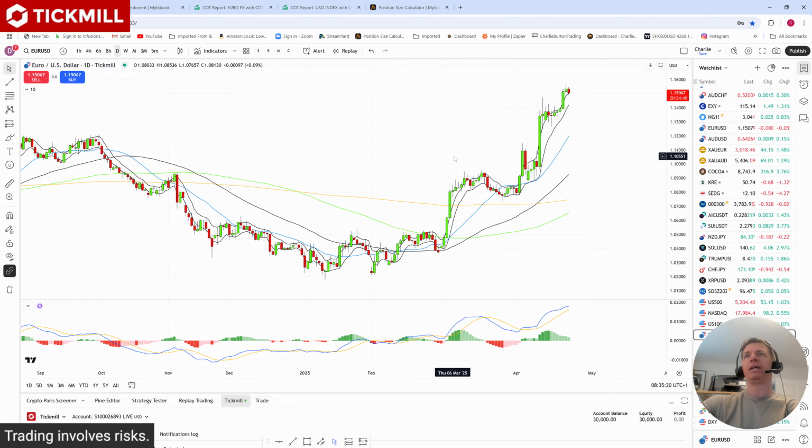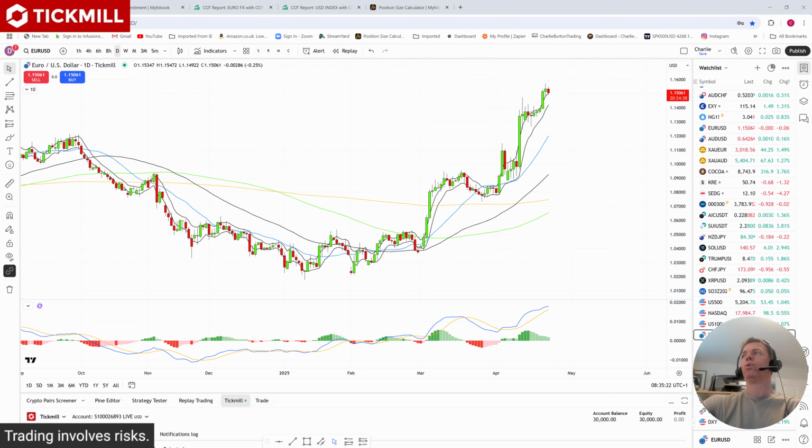But from a swing basis, overall, I'd be much more interested in buying a dip, and hopefully we get something like that, than actually trying to sell the dip itself.